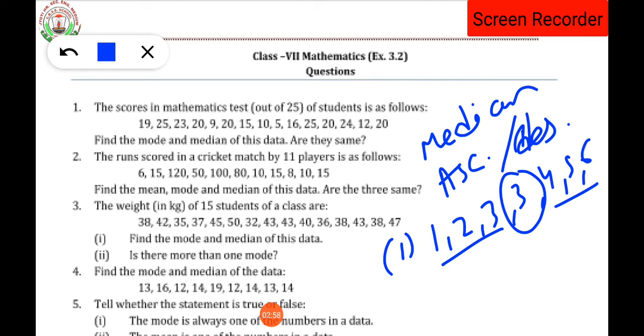This one is the median. Always arrange the data in ascending or descending order. Then from the left hand side and from the right hand side, the number which comes at the center is the median. This is the first method.